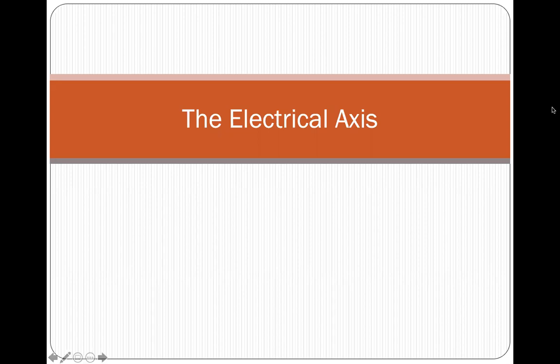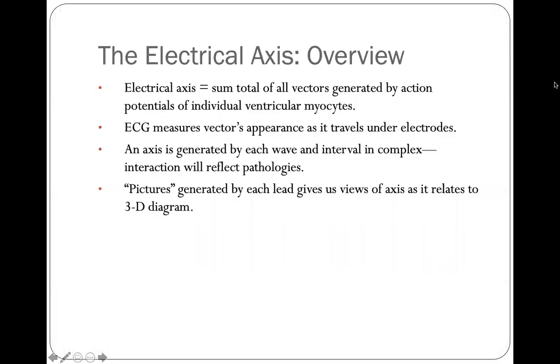With the electrical axis, again, remember that the electrical axis is the sum of all of the different positive depolarizing vectors within the heart. All of them incorporate together into a generalized direction for the overall electrical activity of the heart. We typically see that from top right to bottom left.